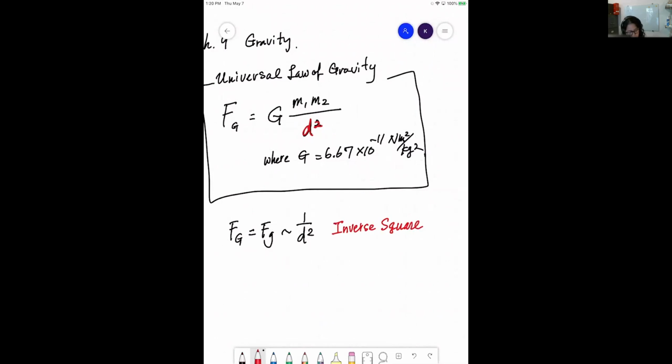Which means that if you move farther and farther away, the intensity of the force decreases, but not linearly. Let's say if I move twice the distance away, then it doesn't decrease by 1/2, it decreases by 1/4. If I move 3 times the distance away, the intensity of the gravitational force decreases by not 1/3, but 1/9. So it decreases by 1 over d squared.